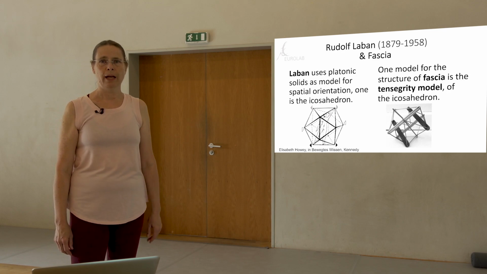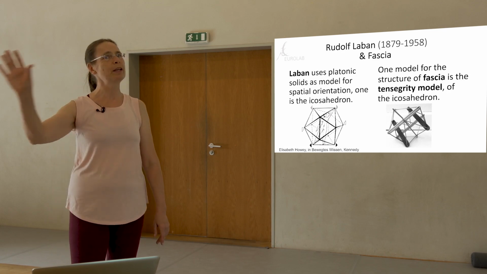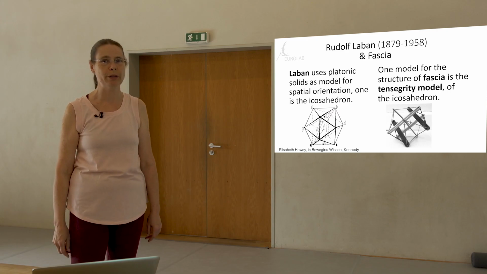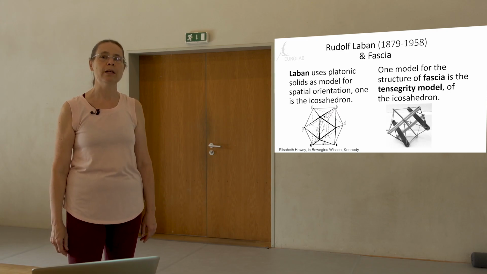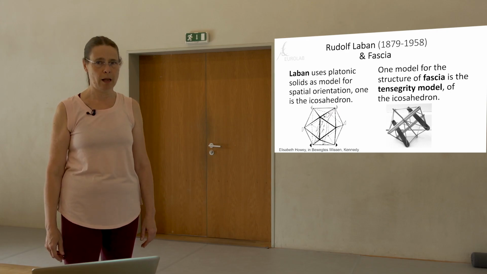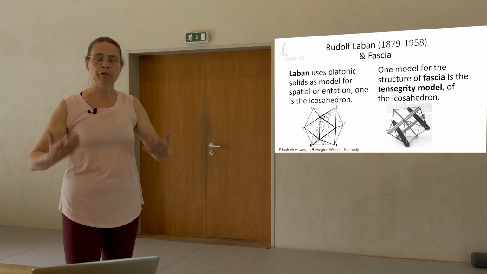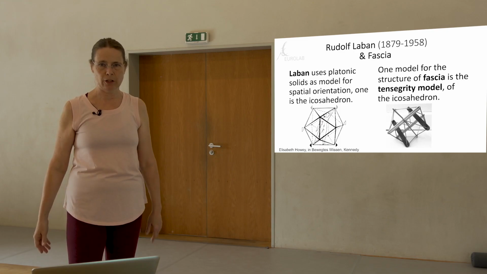Rudolf Laban, the one place where we can build a bridge to fascia is through the icosahedron. The icosahedron is one of the Platonic solids which Laban used as a model for spatial orientation.